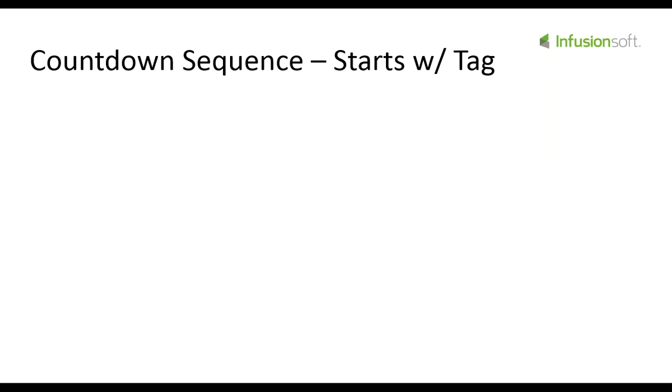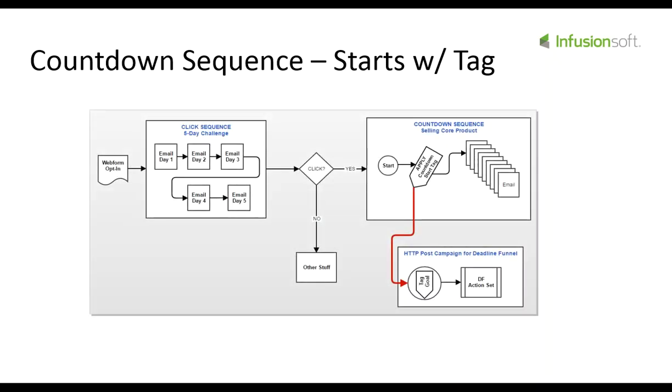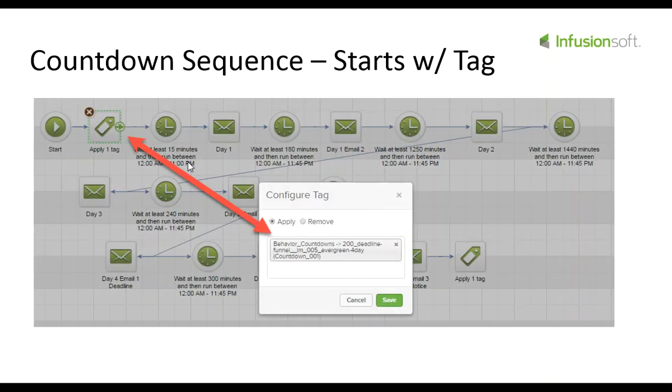Right? And the campaign, as we saw before, has a countdown sequence, and that sequence begins with applying the trigger tag there. And in Infusionsoft, the sequence in Campaign Builder looks a little bit like this. The first thing that happens in the sequence is the application of the unique tag that we created.